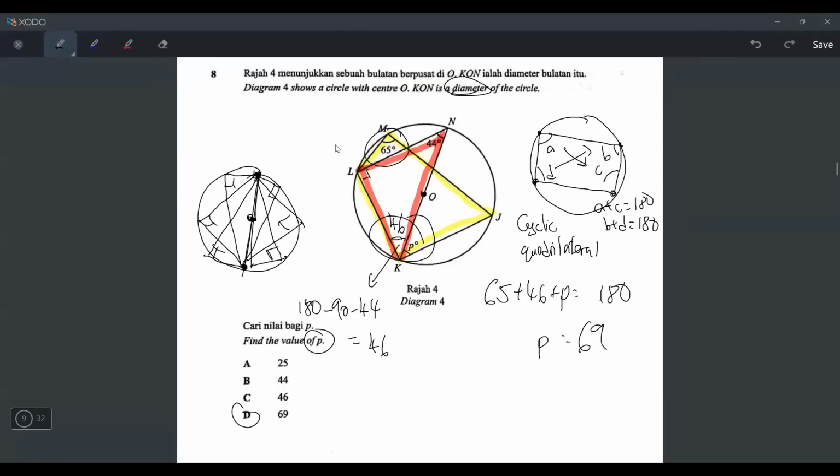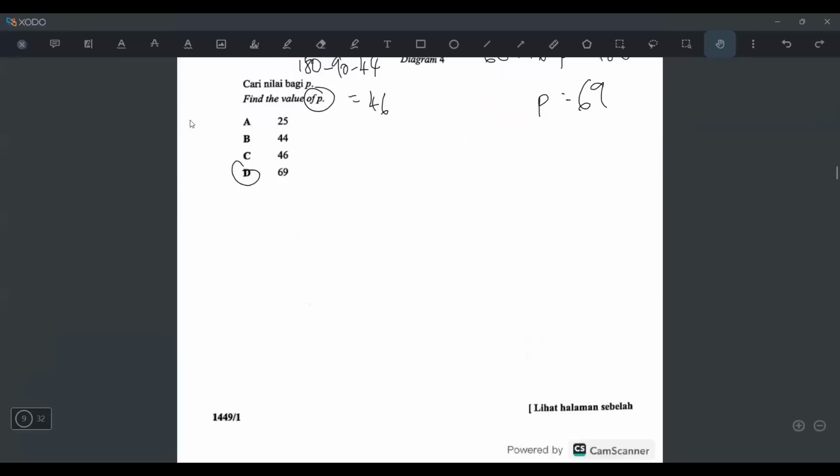Okay. But what if the quadrilateral looks like this? It touches the side, but one of the corners doesn't touch the side. Then can we say that this angle plus this angle is 180? Cannot. Because this is not a cyclic quadrilateral. Okay, we can only apply this formula when all 4 vertices of the quadrilateral touch the sides. So that's how you do it.